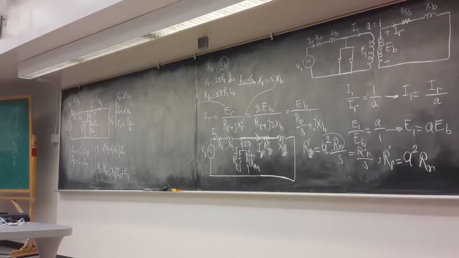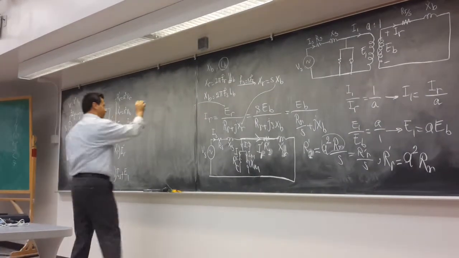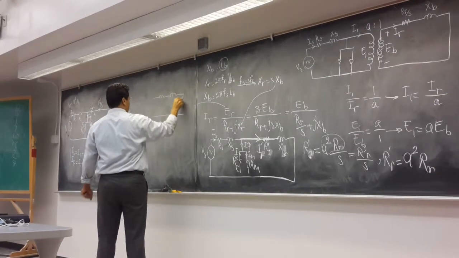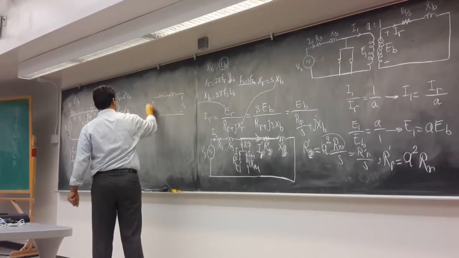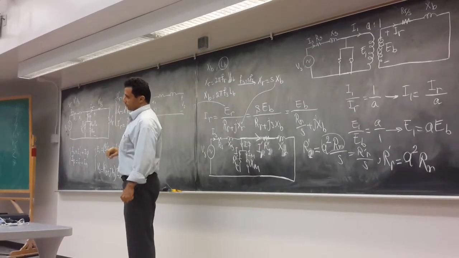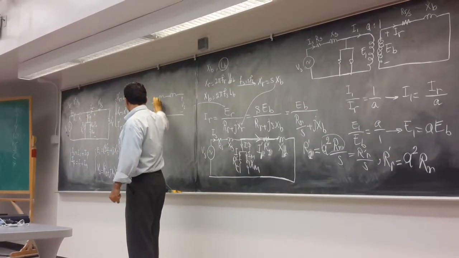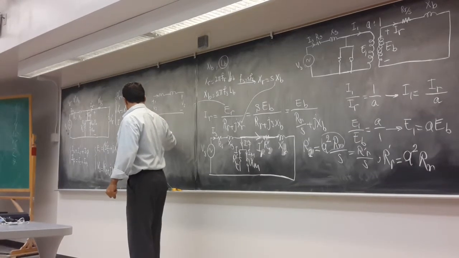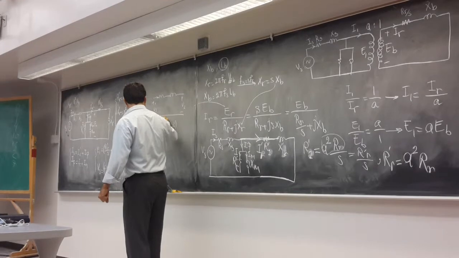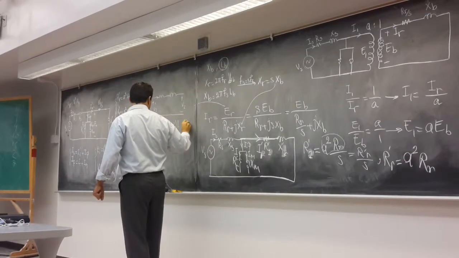In the midterm, when I asked you to calculate the voltage regulation, most of you wrote the equation wrong. V prime 2 is R plus JX times I plus V2.